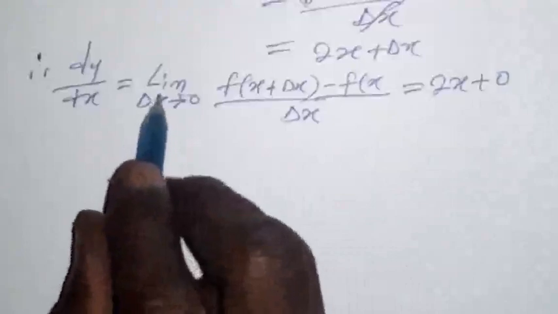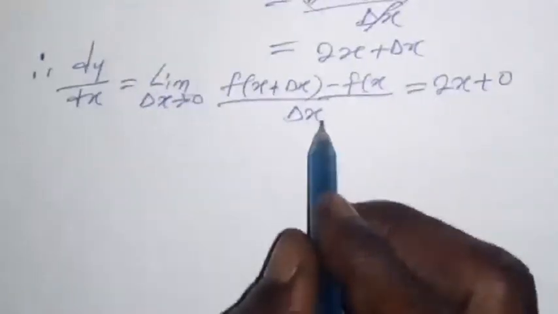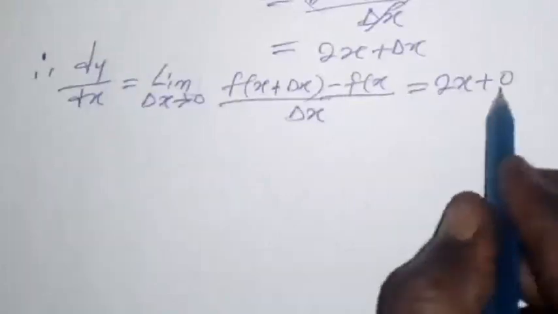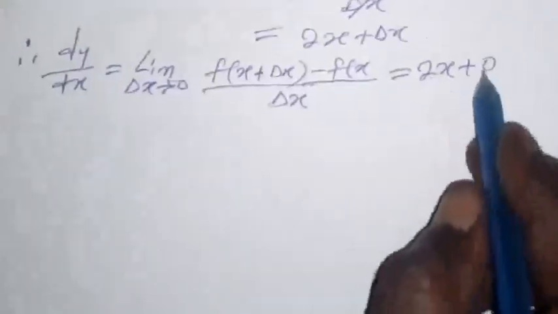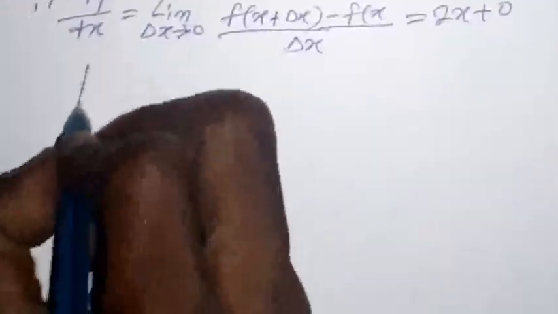Whenever we apply this limit as delta x tends to 0, after we simplify it, wherever we see delta x, we substitute it as 0. Therefore, we have our dy dx is equal to 2x, if y equals x squared.